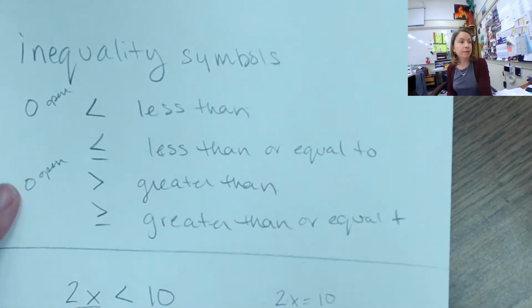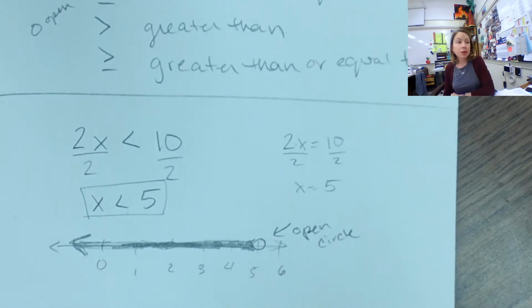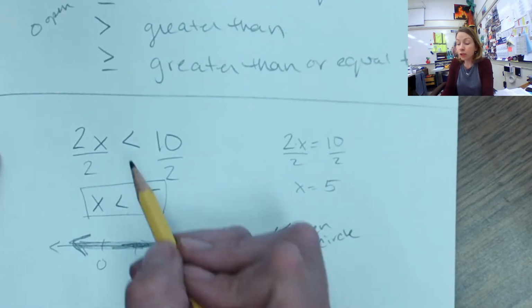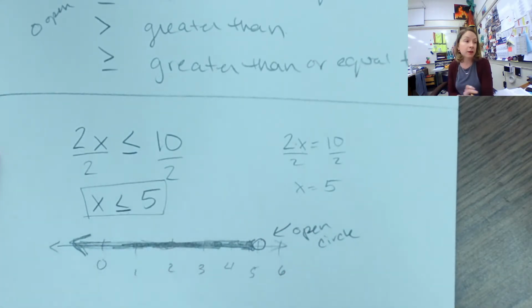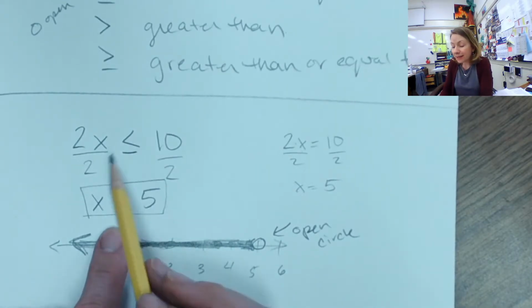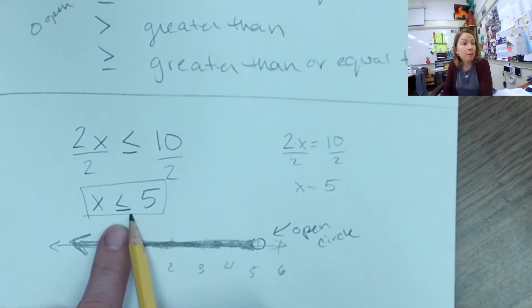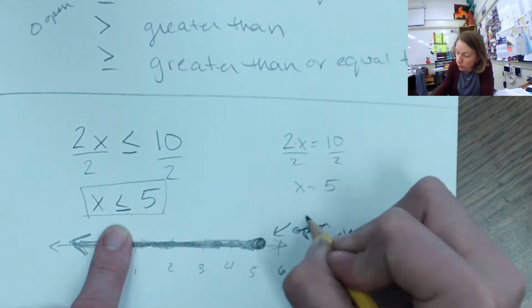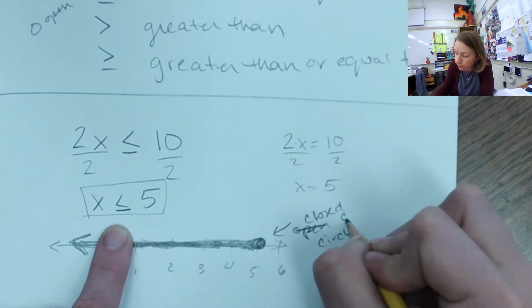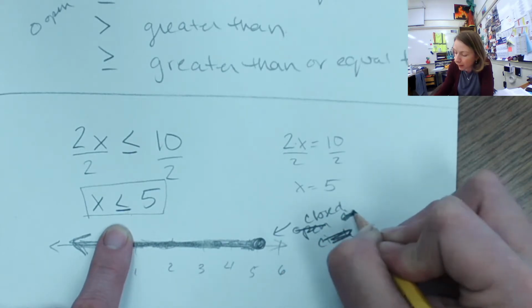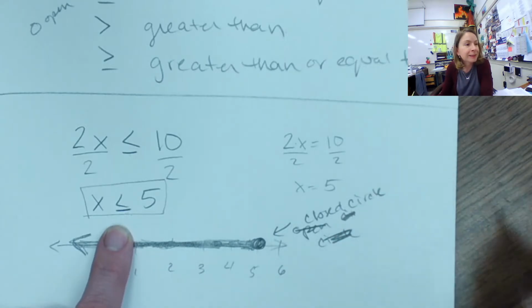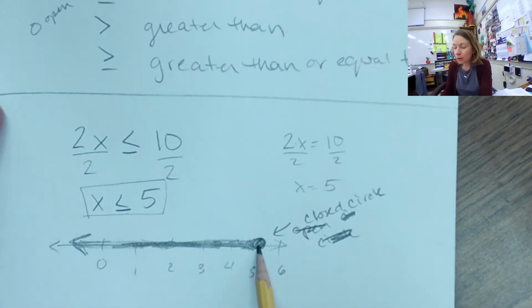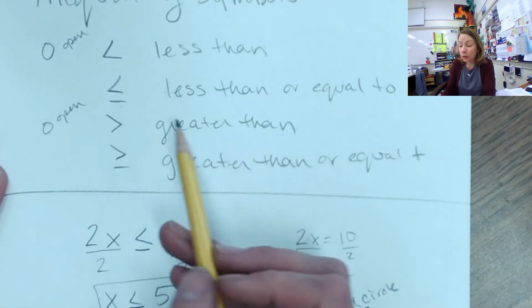Now, if I was to change this inequality and have it be less than or equal to, then it does include that point, and so that changes it to a closed circle.